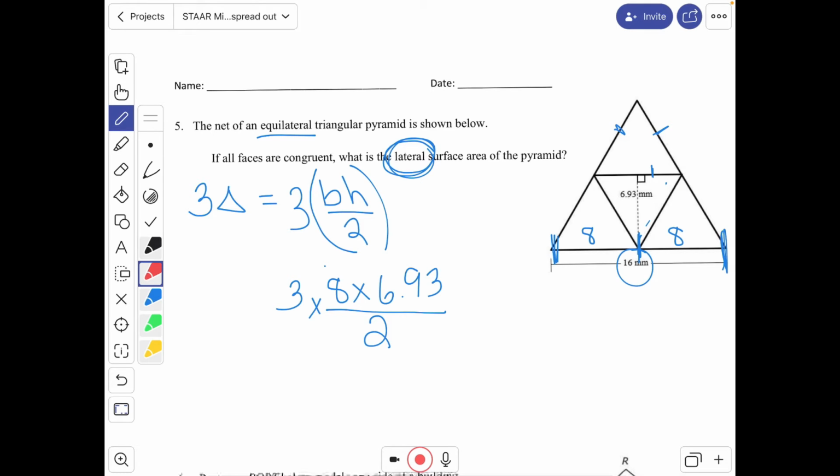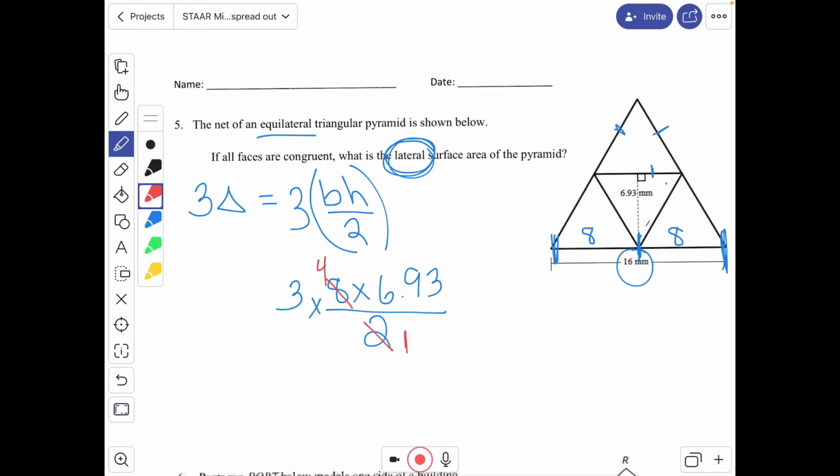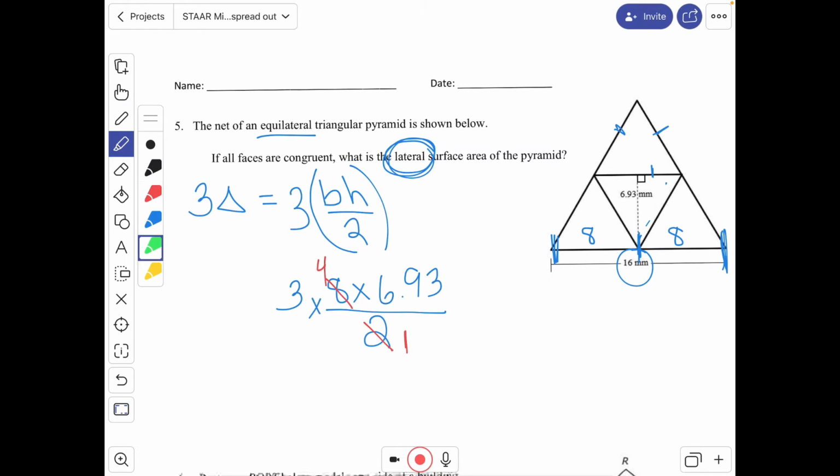Can I simplify something with 2? Yes, the 8. So 8 divided by 2 would make 4, and 2 divided by 2 would be 1. And then I can just go straight across. I have 3 times 4, which is 12, then times 6.93.